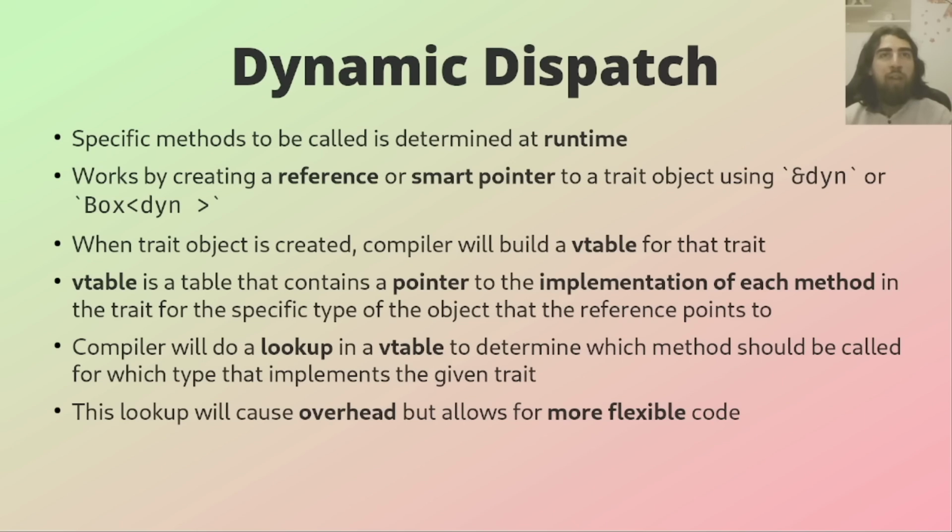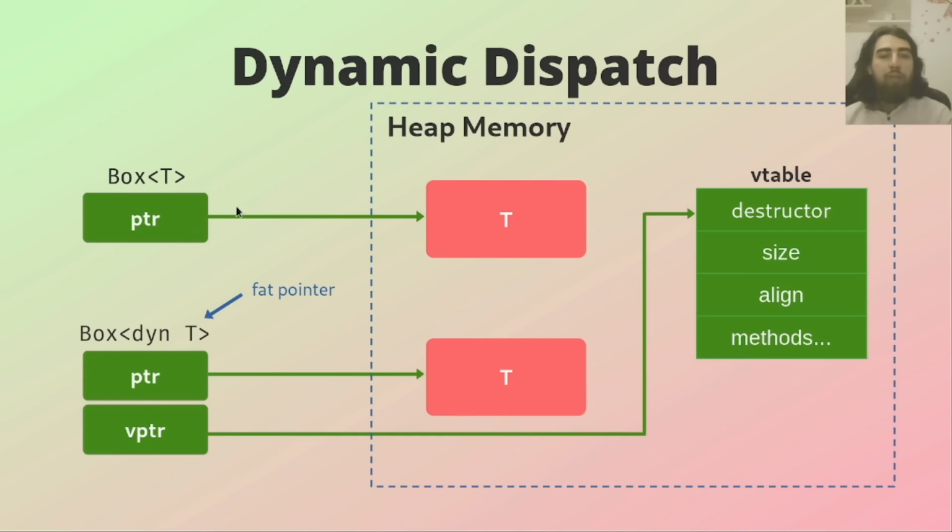But on the other hand, dynamic dispatch allows for more flexibility. So let's see how that might look like. As you remember, with Box we are able to allocate a type to heap memory, meaning the type will then get allocated.